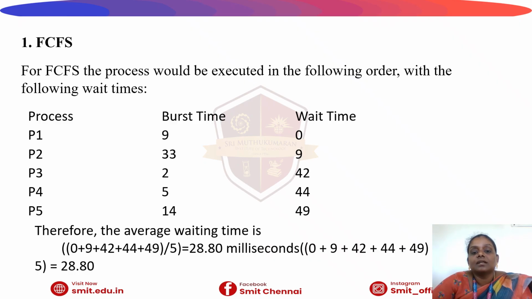For P3 it is 42: 9 plus 33 is equal to 42, and 42 plus 2 is equal to 44, and 44 plus 5 is 49. Likewise the waiting times are calculated, and the average waiting time is 0 plus 9 plus 42 plus 44 plus 49 divided by 5, which is equal to 28.80 milliseconds.